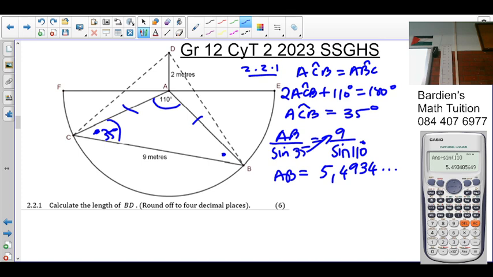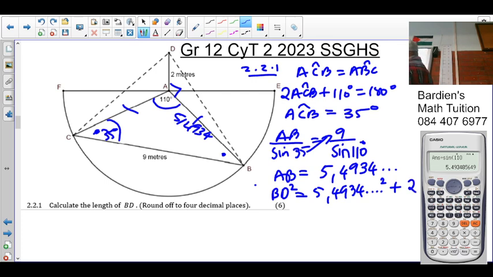Okay. But that is for AB. So that's going to be 5,4934. Remember, that's a right angle triangle, so I'm going to apply the theorem of Pythagoras here. BD squared is equal to 5,4934 and the number carries on, squared plus 2 squared.